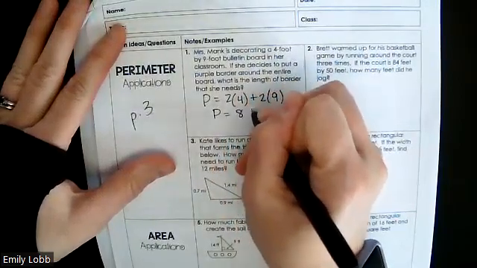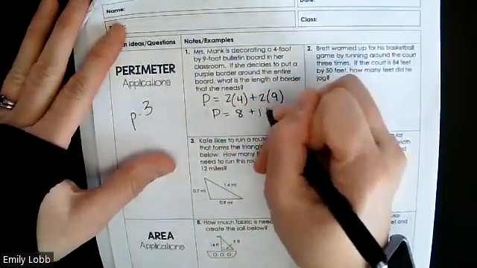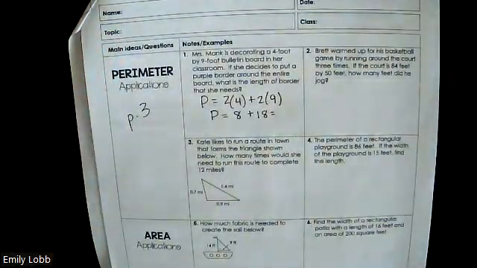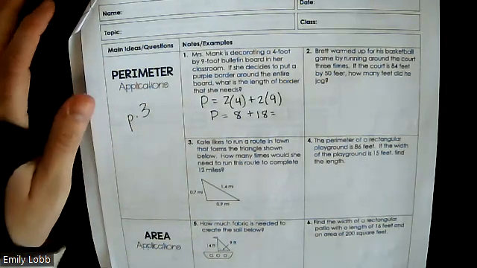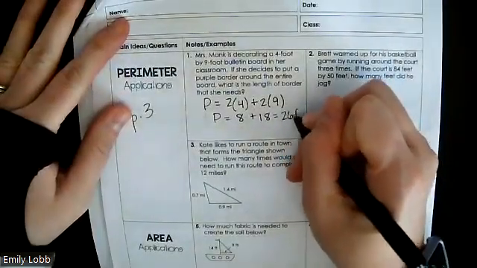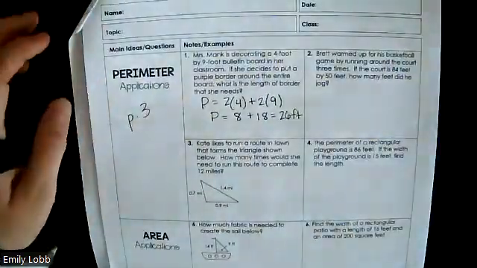What is 8 plus 18? Right, 2 times 4 is 8. 2 times 9 is 18. What's 8 plus 18? Excellent. 26 feet of border.